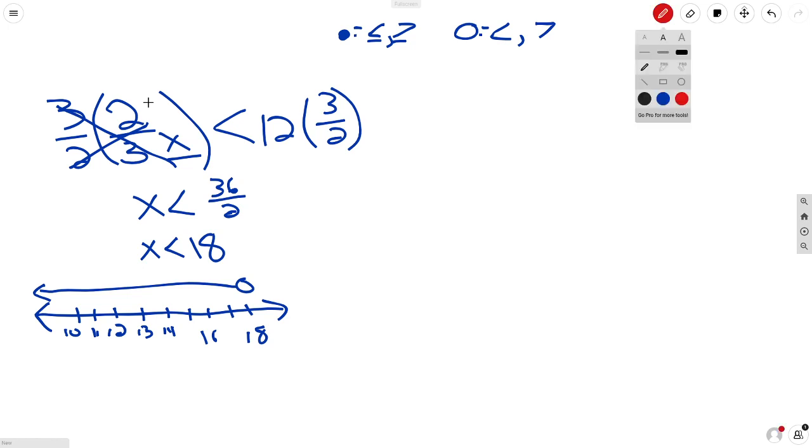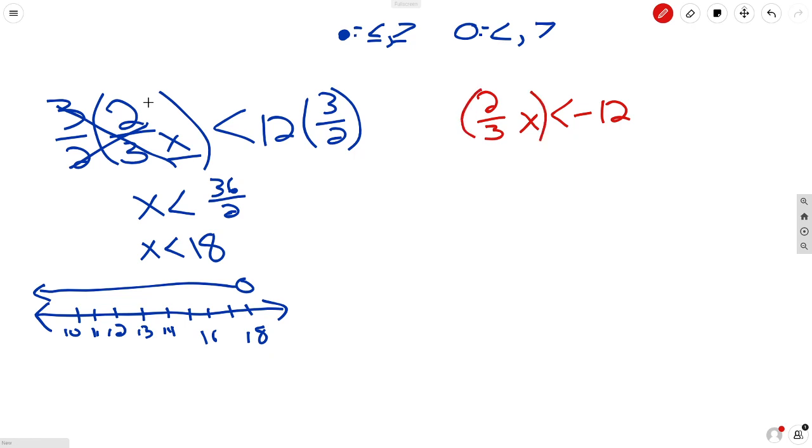Alright. Now what if we had negative 2/3 x is less than 12? Right, we're going to start the same way.